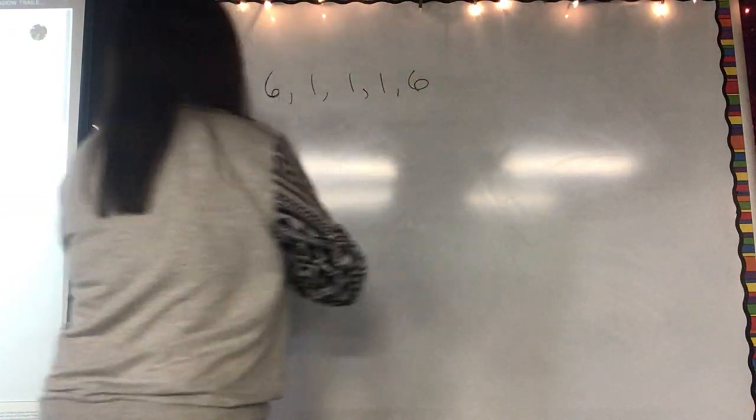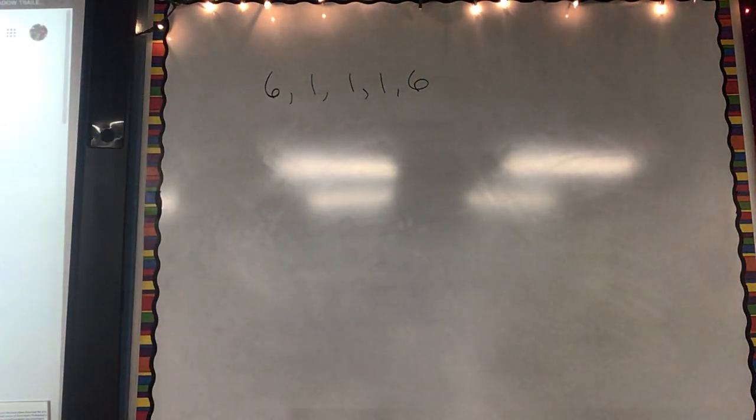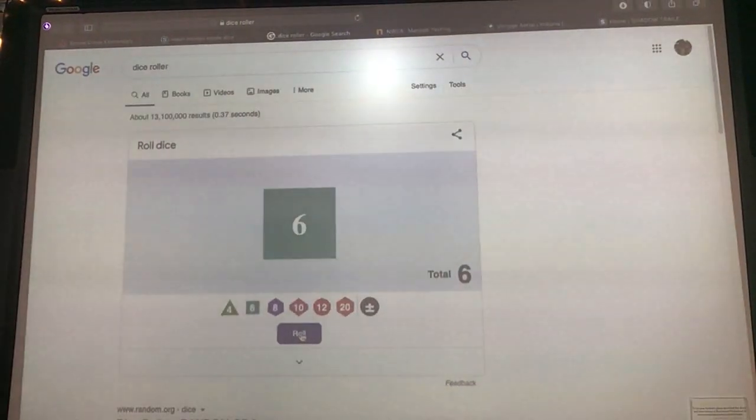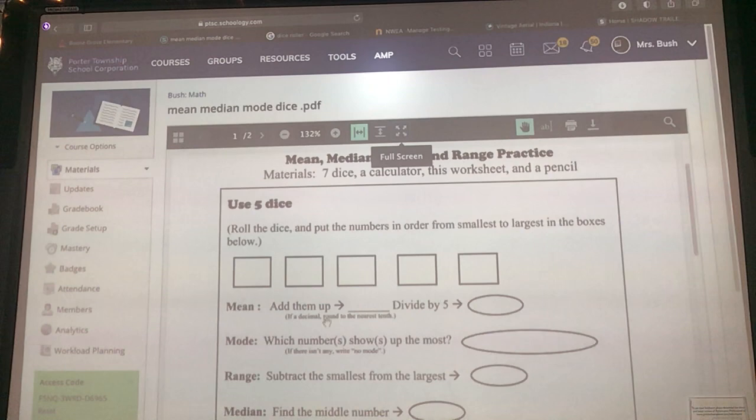All right. So looking at your worksheet then, in the boxes, we need to put those numbers in order from least to greatest. Right here. Least to greatest in our 5 boxes right here.